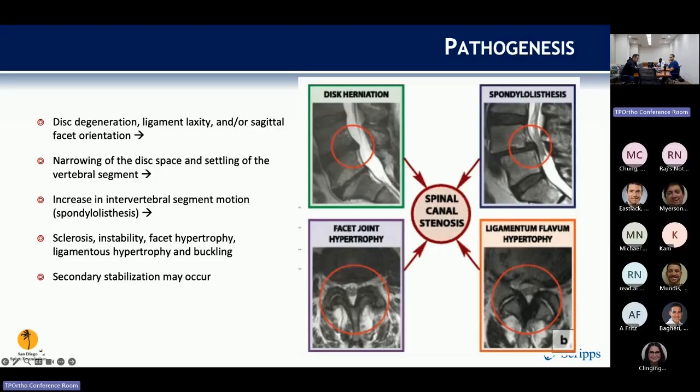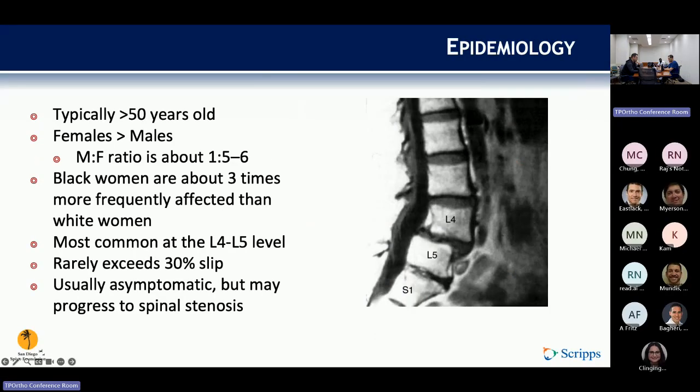Subsequently, you can see an increase in segmental motion and slipping of one vertebra on the subadjacent vertebra. And this increased segmental motion can lead to arthritic change, facet hypertrophy, and ligament buckling. Interestingly enough, you can then subsequently see secondary stabilization of that unstable segment with overgrown facet joints or facet cupping, which we'll again talk about a little bit later.